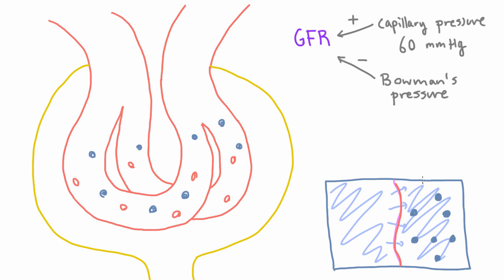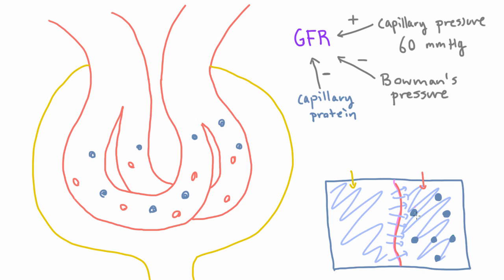And so in that case, this would be the capillary side, and this would be like Bowman's space. And so because of these proteins over here in the capillary, water and actually all the other things that can cross, including those electrolytes, get sucked back into the capillary. So the presence of protein over here in the capillary, we can say capillary protein, actually reduces GFR because it drags fluid back into the capillaries from Bowman's space.